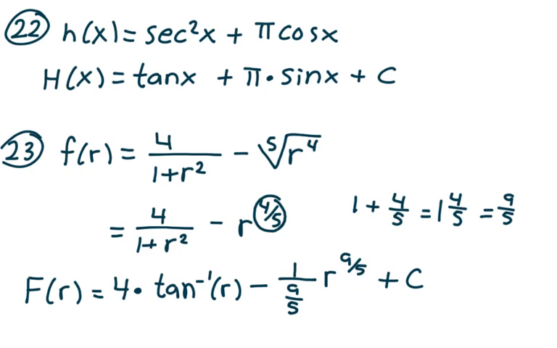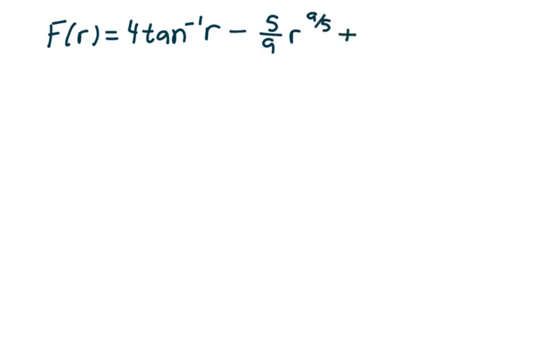We have to be able to simplify that. And so F of r is 4 arctangent of r. And then I'm going to subtract 5/9 r to the 9/5. And then I add c. That's problem number 23.